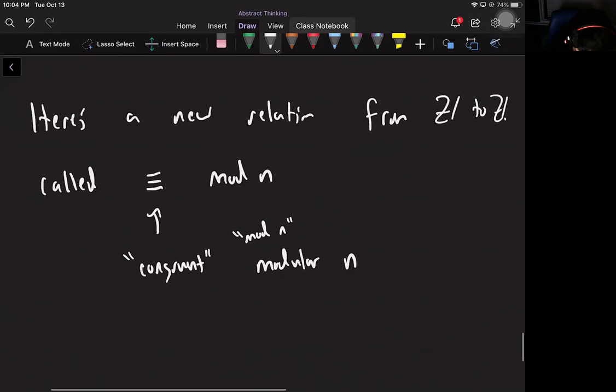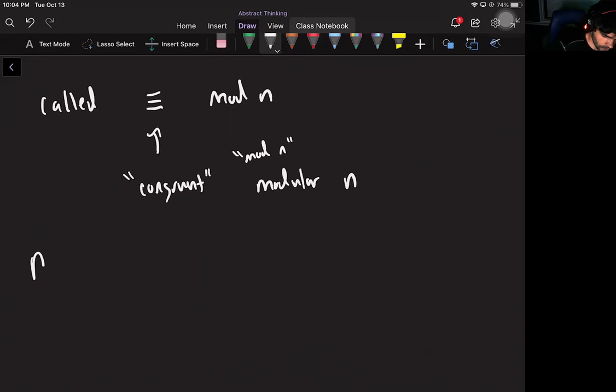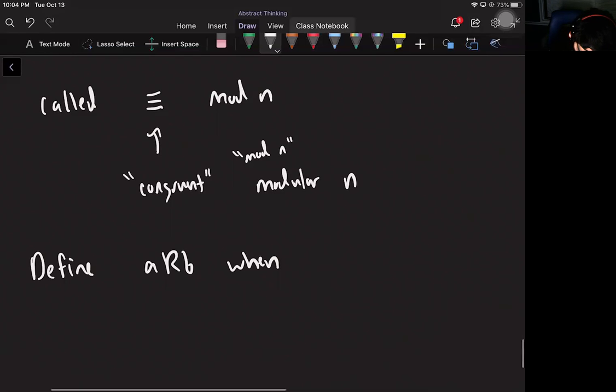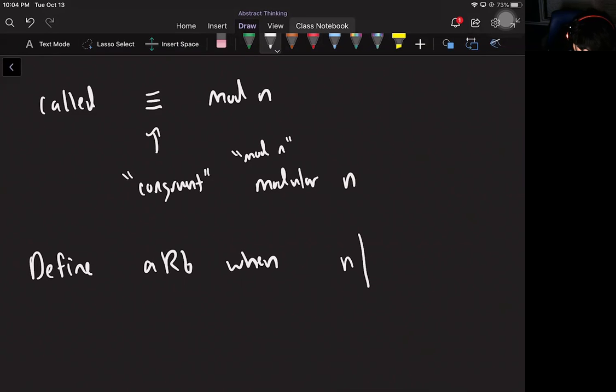So here's how this relation is defined. I need to define when two numbers are related to create a relation. So here's how I'm going to define it. I'm going to say that two numbers are related when their difference is divisible by n.